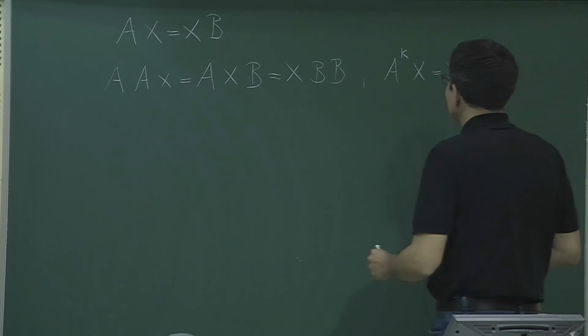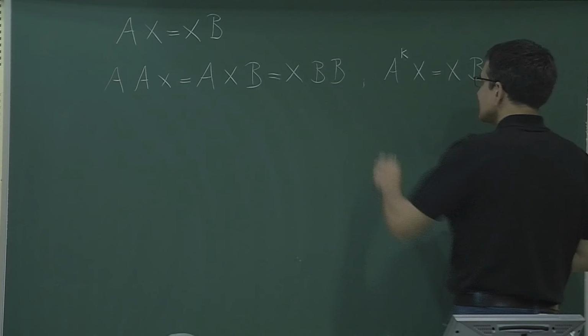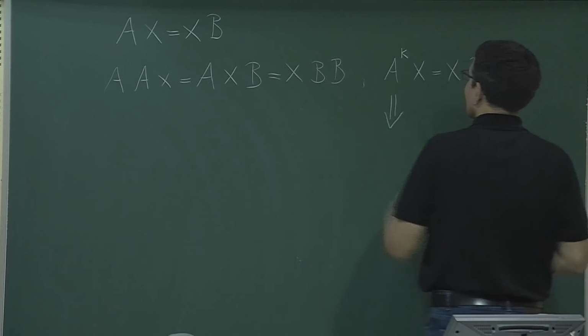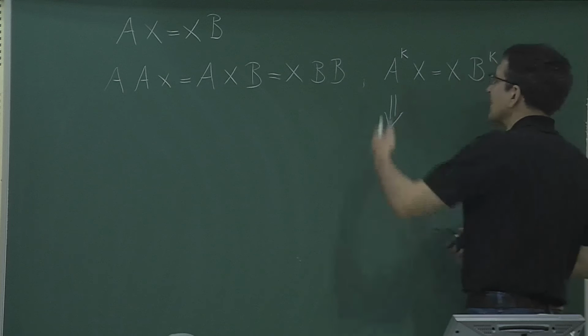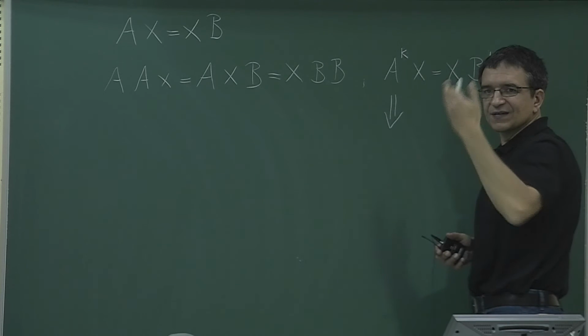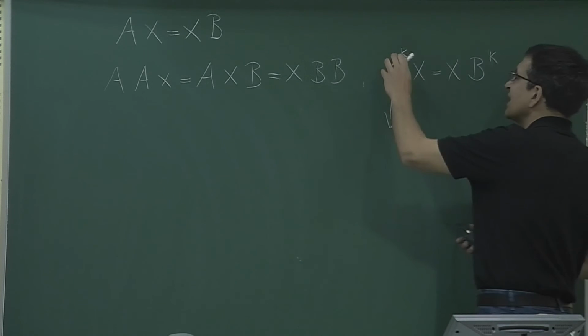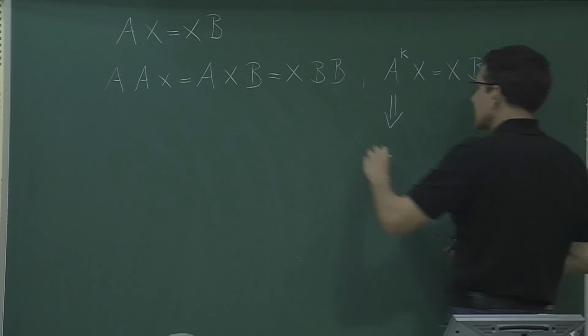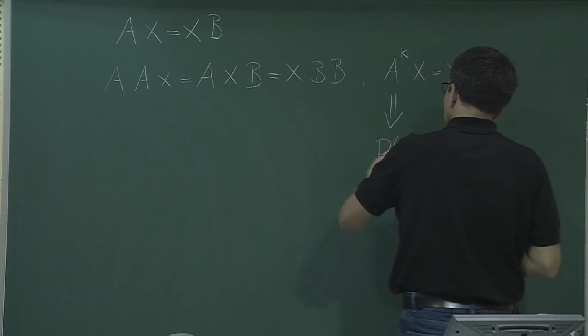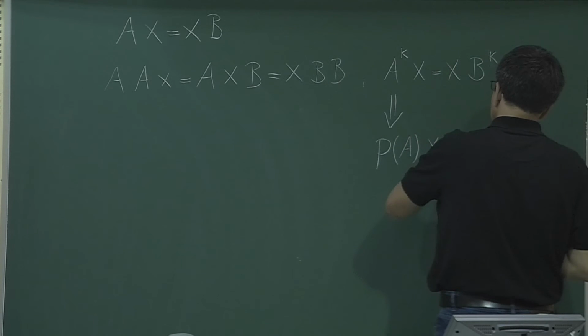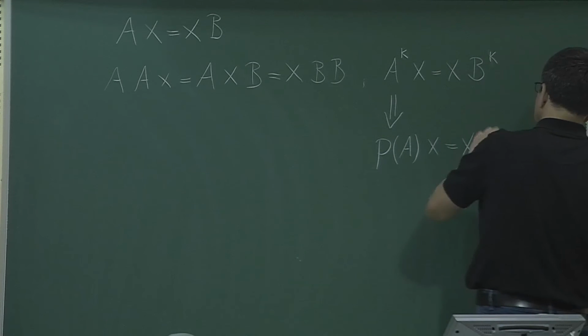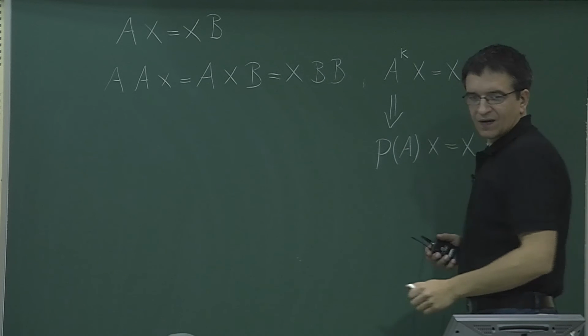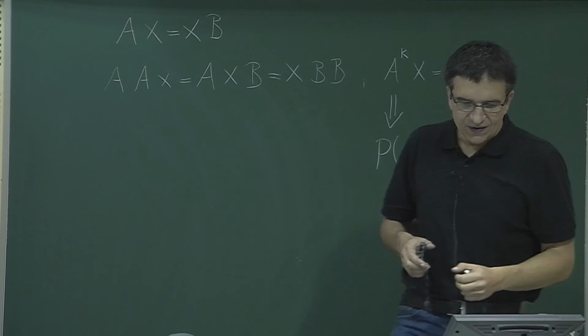And if I now have a polynomial and I insert the matrix A into that polynomial, then I have just the sum of these terms. So this means for any polynomial, p of A times X equals X times p of B. Okay, this is the consequence.